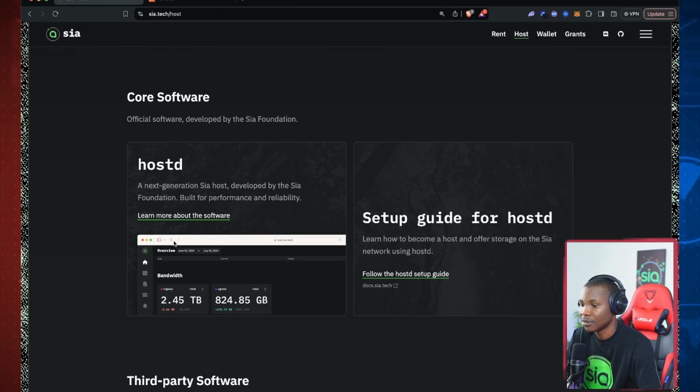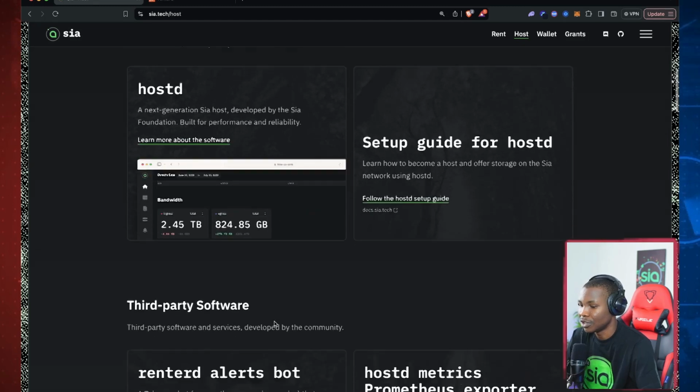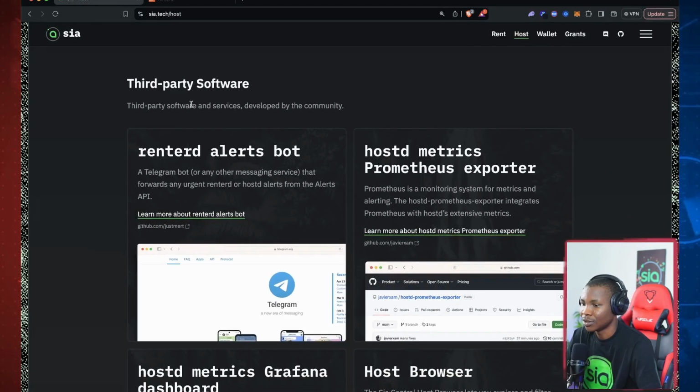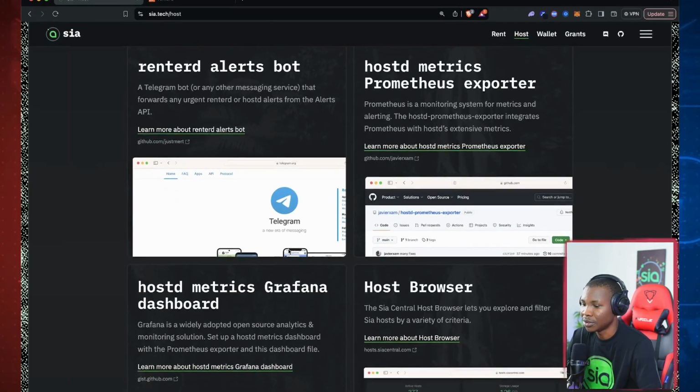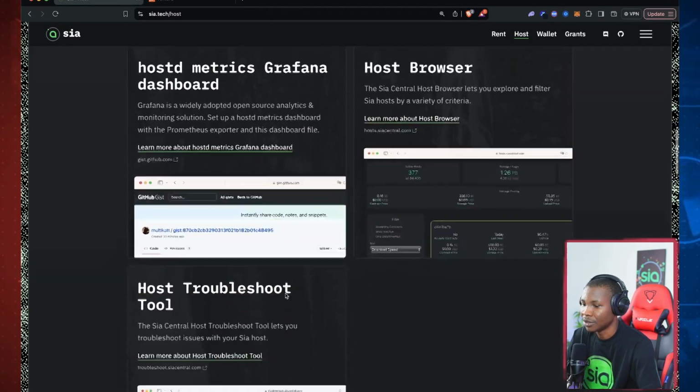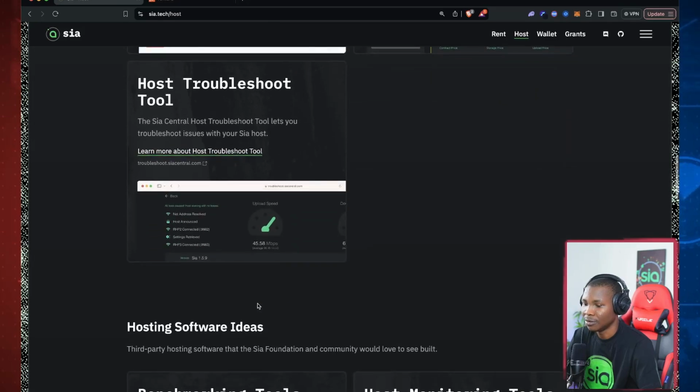You have this host, which is the core application, responsible for providing hosting infrastructure for those people that want to rent your storage space. And these are also some other third-party software built around the host features.